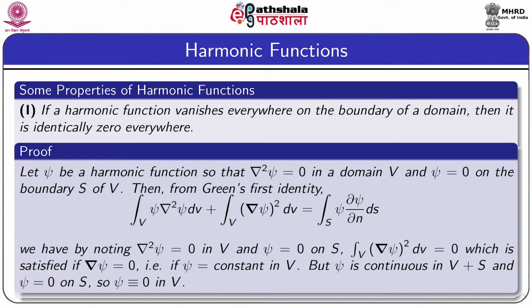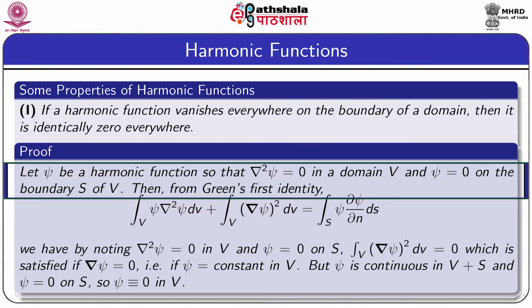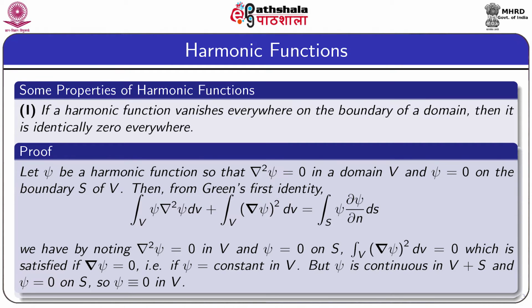Proof is also given here. Let psi be a harmonic function. So, grad square psi equals to 0 in a domain V, and it is given that the value of psi equals to 0 on the boundary S of V.